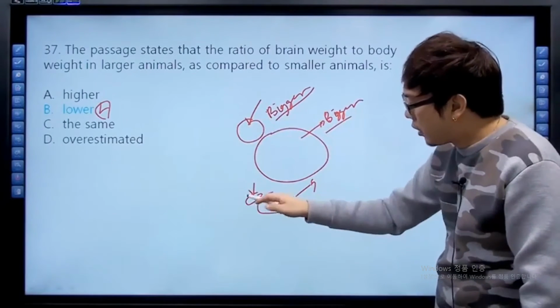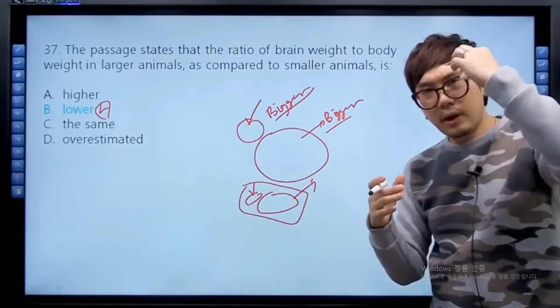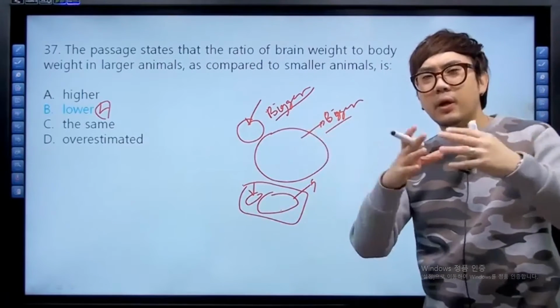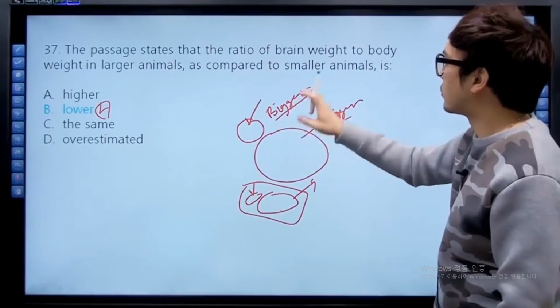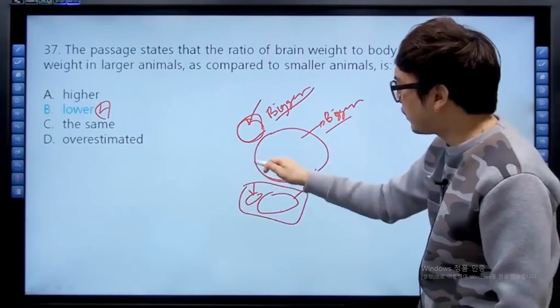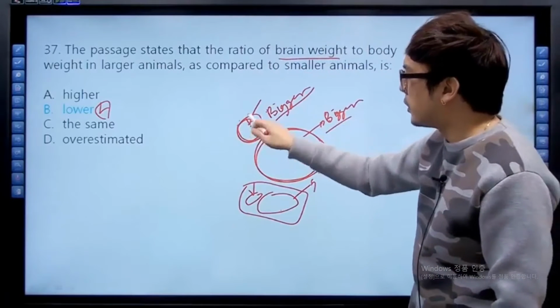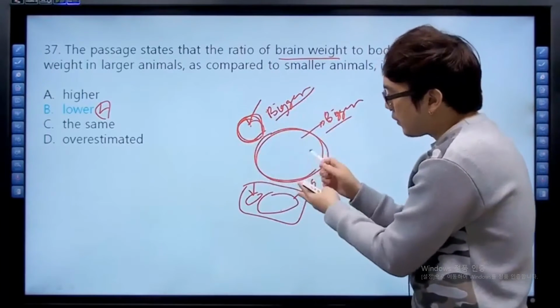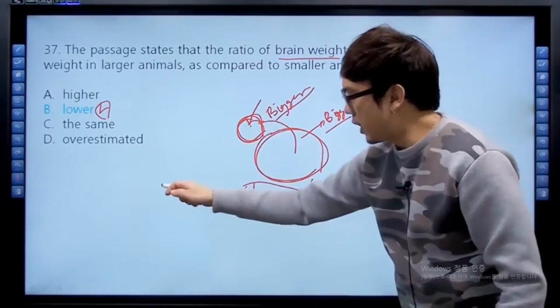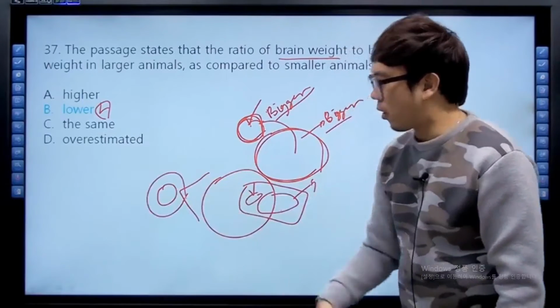Here, it's pretty much set because there is no crazy ratio difference between the brain size and the body size. So the brain weight to the body weight will always be lower. You get the idea, right?